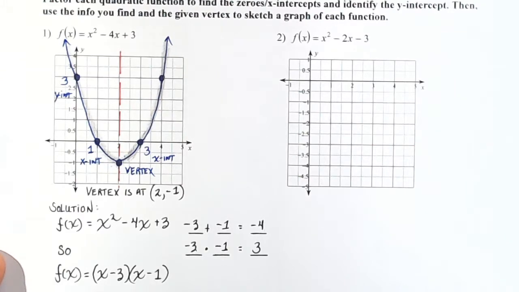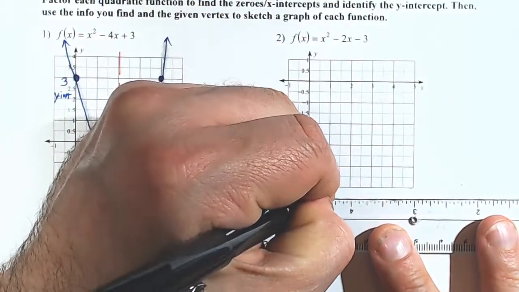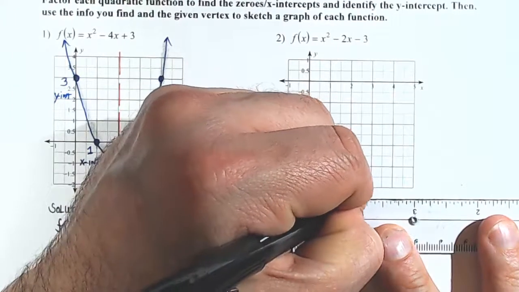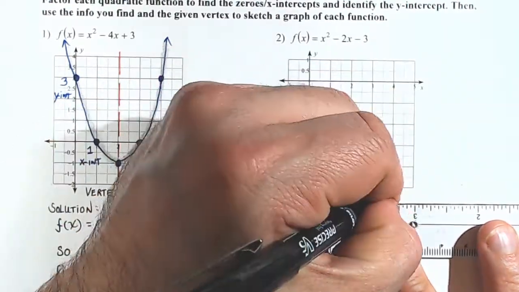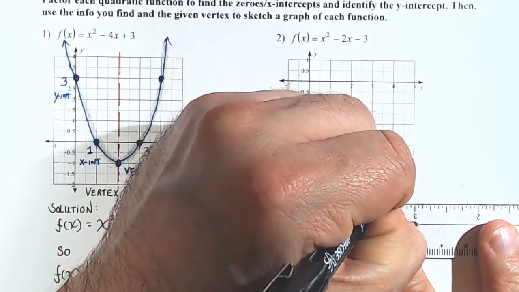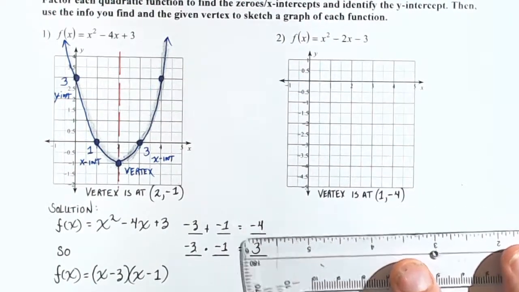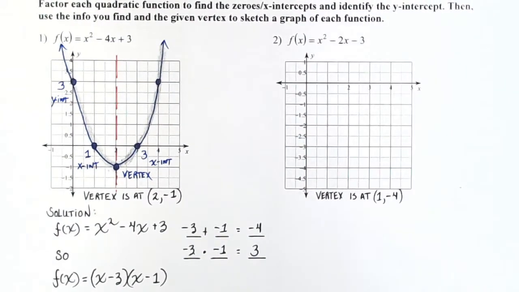The vertex for number 2 is going to be, so I'm just going to write down here, the vertex is at 1, -4. Now, just because I'm giving this out doesn't mean that my pre-AP students don't have to show all of the work, okay? So that's number 2 vertex.